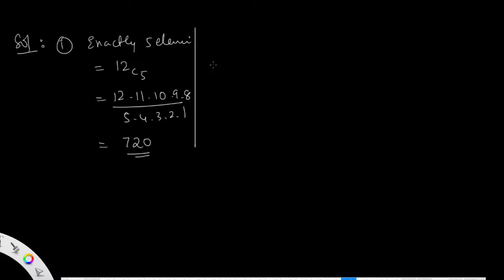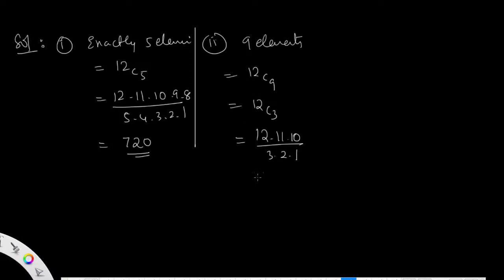Then go to the second part: exactly 9 elements, which you can write as 12C9. 12C9 is equal to 12C3, since nCr equals nC(n minus r). That is 12 into 11 into 10 by 3 into 2 into 1, and you get the answer 220.